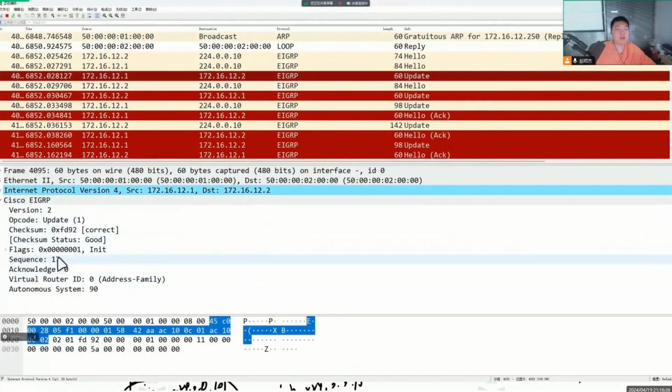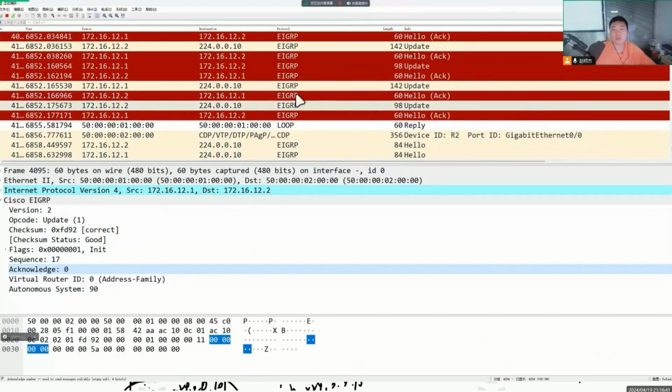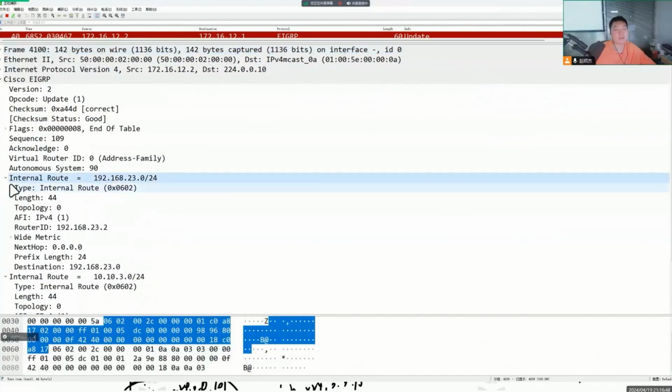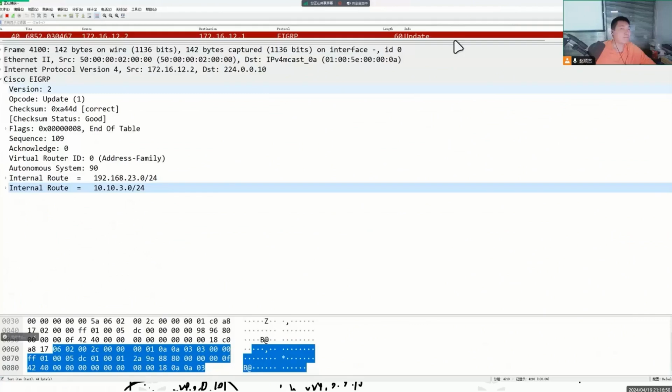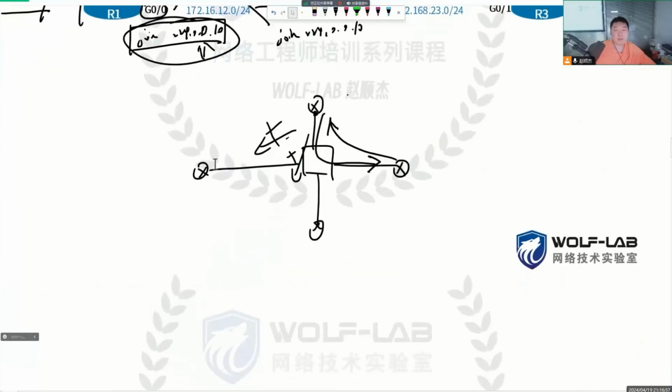So you might establish multiple neighbor relationships. So what do we want to do? If you only want to establish a neighbor with one of them, we can specify EIGRP unicast neighbors. This can be done through the neighbor command, specifying the EIGRP interface and who the other side establishes the neighbor relationship with.